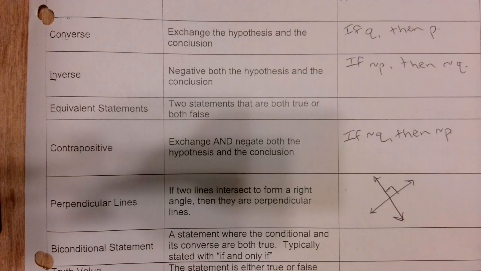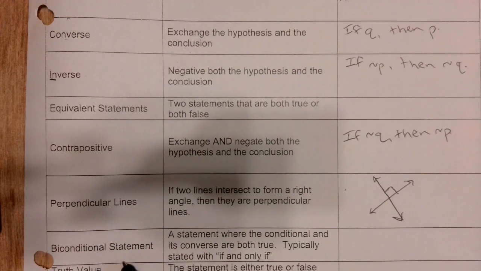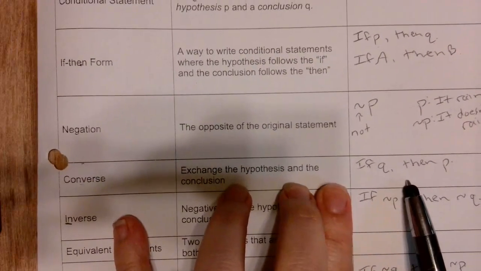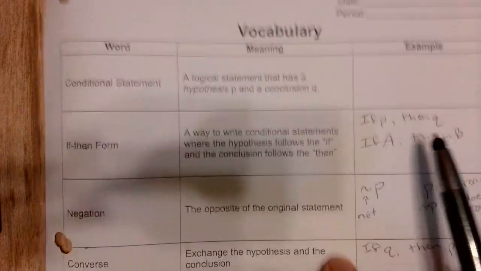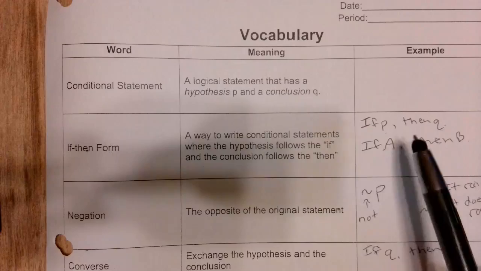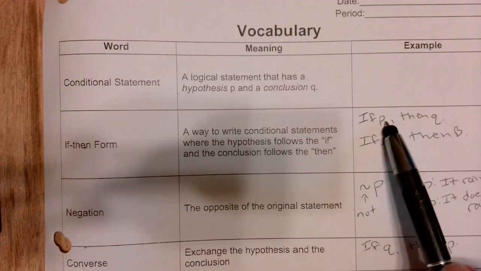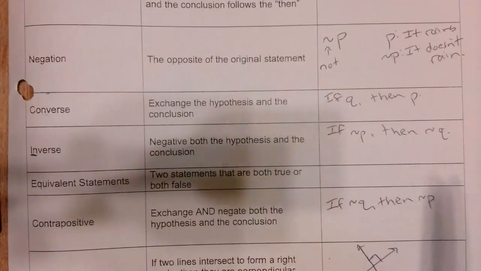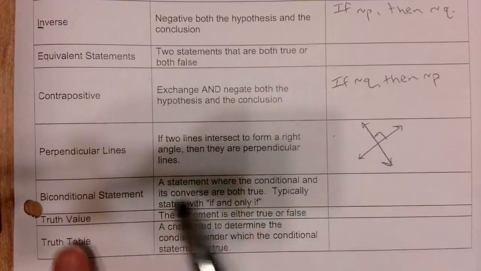A biconditional. The biconditional is used when the converse, if Q then P, and the conditional, if P then Q, are both true. If you can go forward or backward, if P then Q, if Q then P, the faster way to write it is with a biconditional.